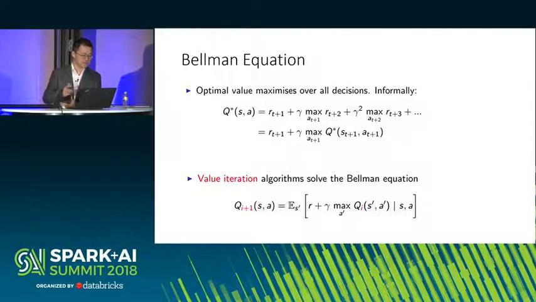So once we get this iterative Q star definition, we can use value iteration algorithms to try to solve this Bellman equation, so that we can update this Q value iteratively with the Q value from the next state.